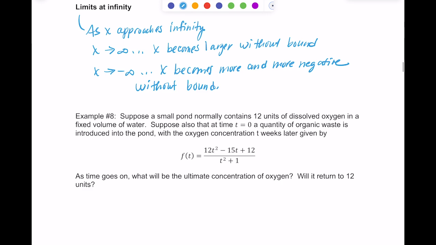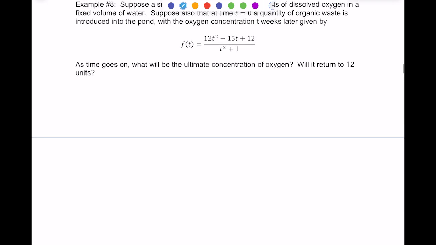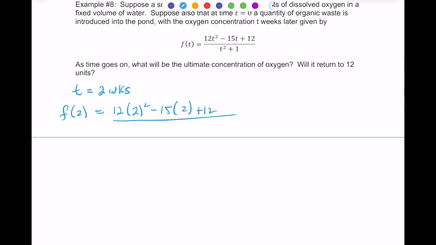Will it return to 12 units? So let's plug in some values and see what's going on. Let's say time is 2 weeks. Let's look at what the units of oxygen would be. I would just plug in 2 for t, and if I simplify that, I'm going to get 6 units of oxygen after 2 weeks.